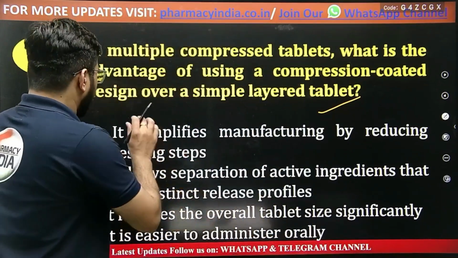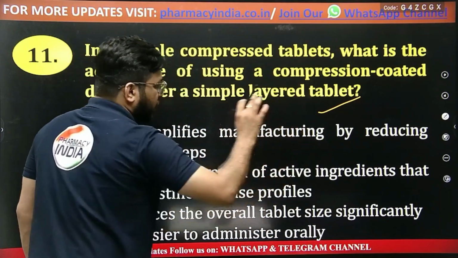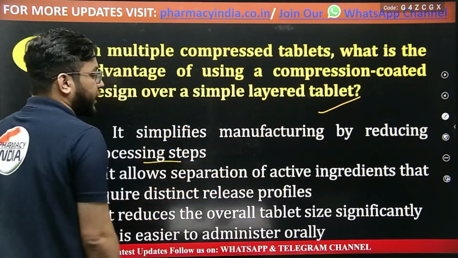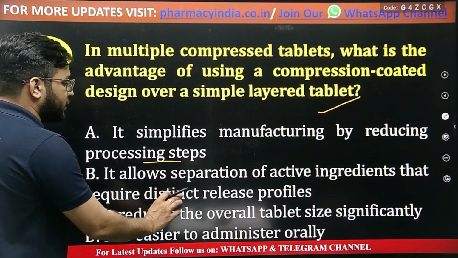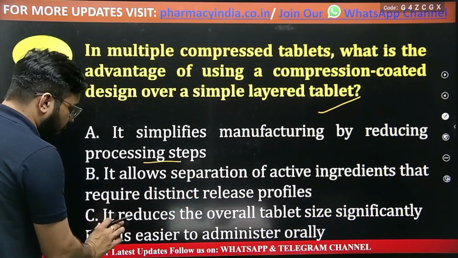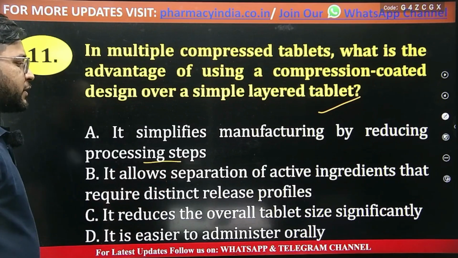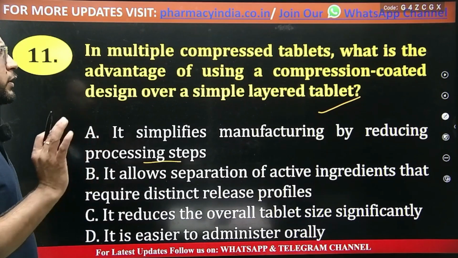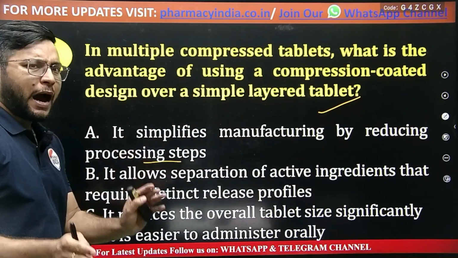Options: it simplifies manufacturing by reducing processing steps, or it allows separation of active ingredients that require distinct release profiles, or it reduces the overall tablet size significantly, or it is easier to administer orally.